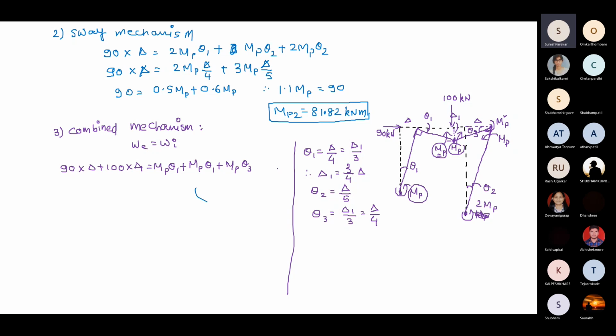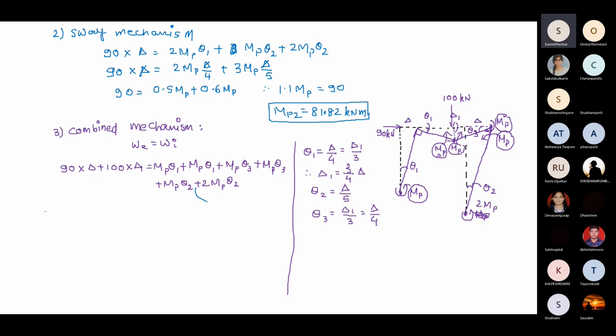Then go to joint 3. First there, that is MP theta 3. So this one, this will be MP theta 2. And the last joint at D, that is twice MP theta 2.